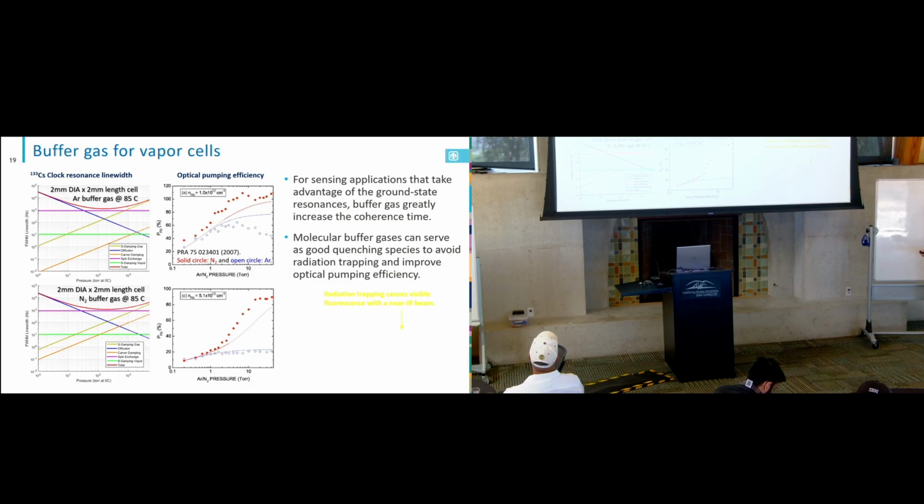By adding buffer gas, the motion of the atom inside the vapor cell will turn from a ballistic motion, like just running along a straight line and hitting the cell wall, to diffusion mode, because alkali metal atoms will collide with buffer gas atoms, and throughout the collisions, instead of straight line motion, it becomes multiple collisions and ends up like a diffusion motion inside the vapor cell.